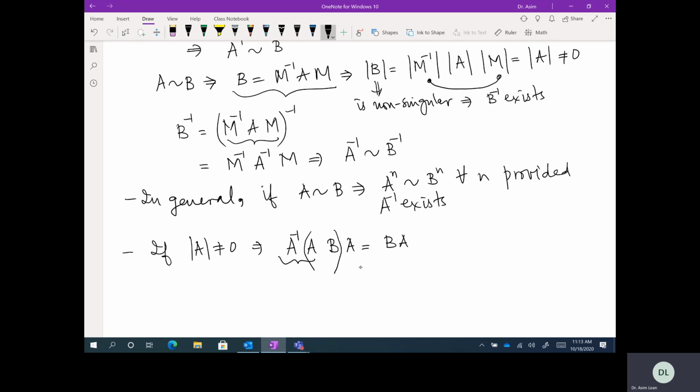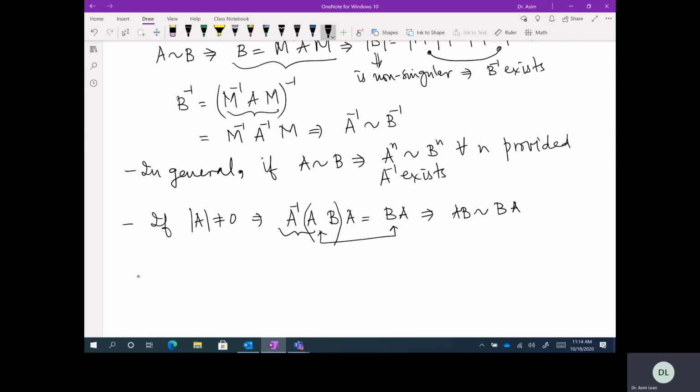If I do it like this, this is an inverse matrix, this is BA, so this implies AB is similar to BA. So this is some matrix M inverse, this is M, this is the original matrix A, and this is M inverse A M, so both these are similar matrices. Also, if B is non-singular, I can again write the same equation, B inverse BAB.